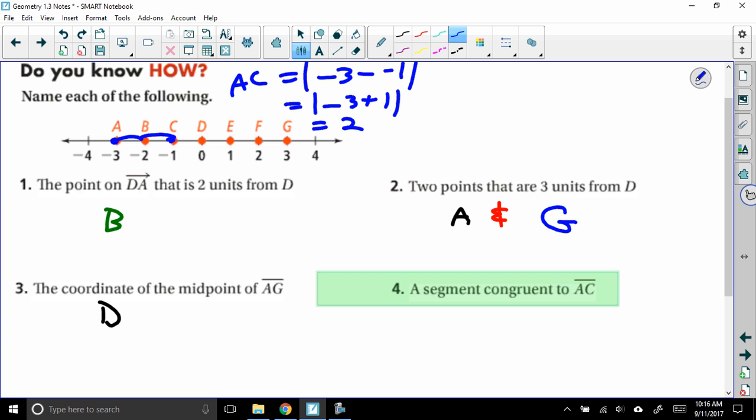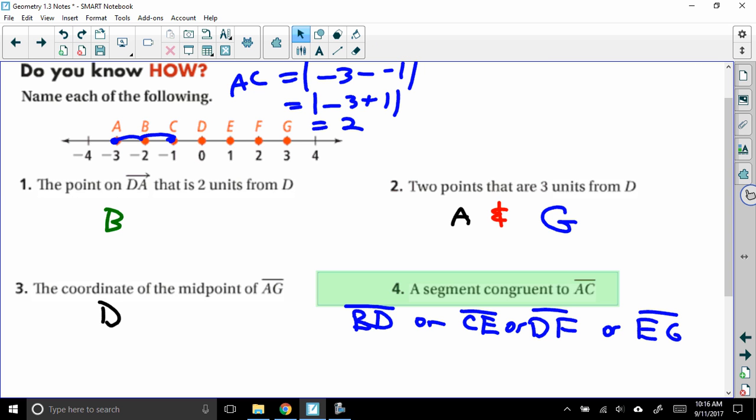There's a whole bunch we could name. We could name BD, or CE, or DF, or EG. Any of those would work.